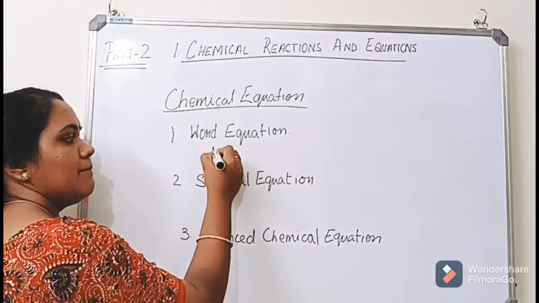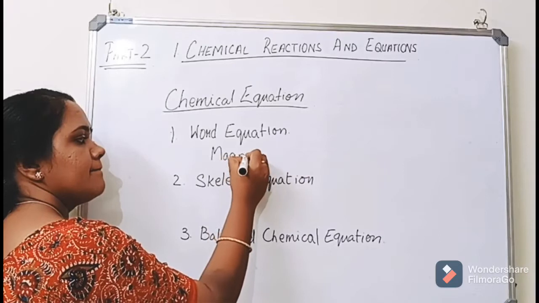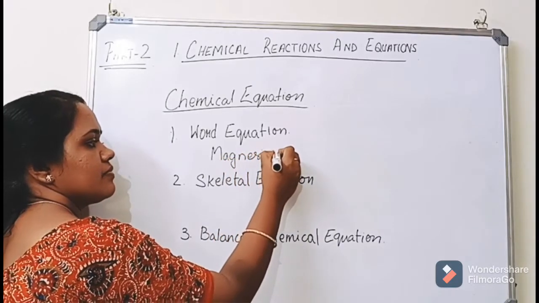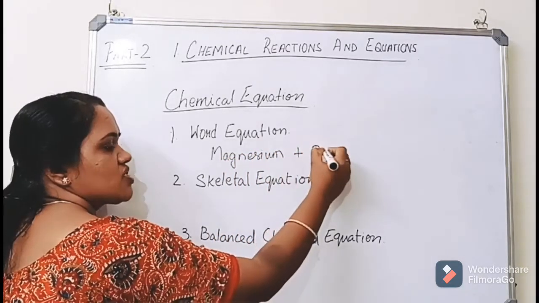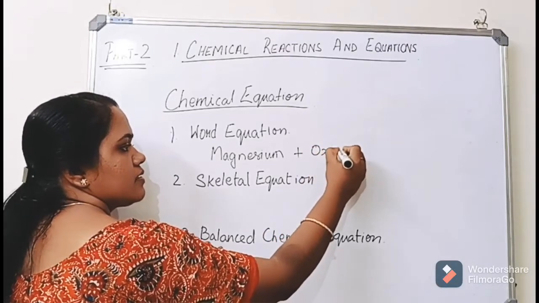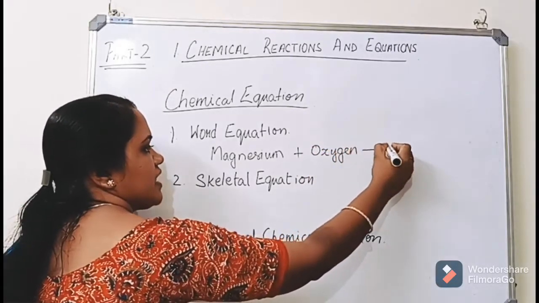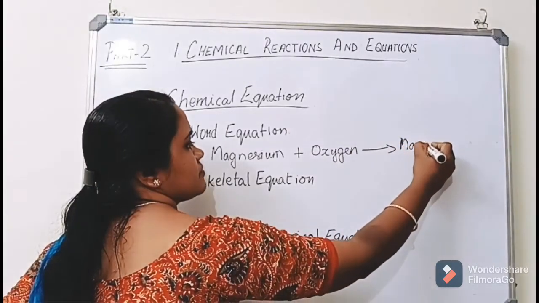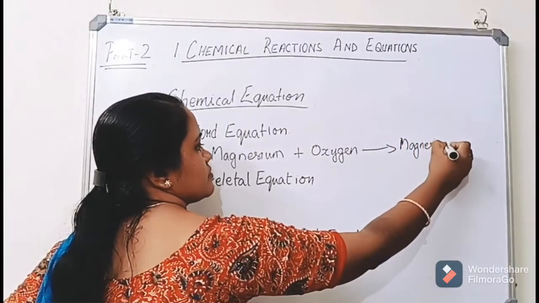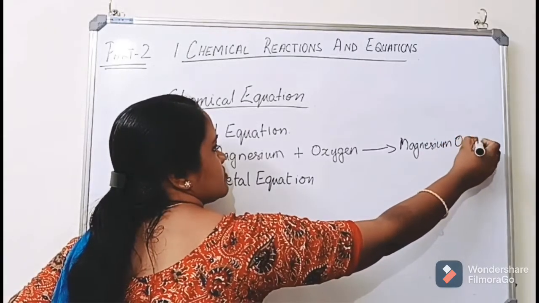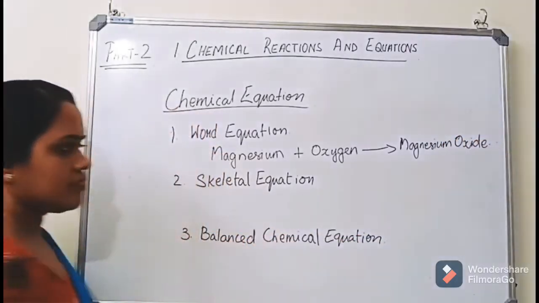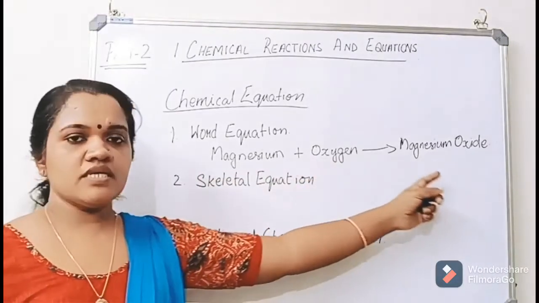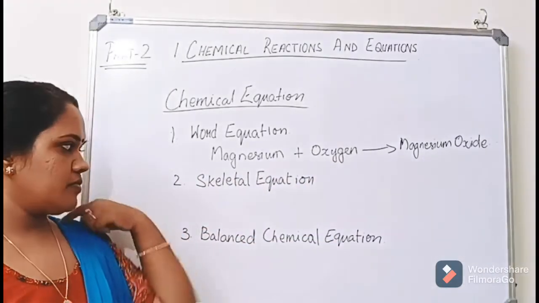For example, magnesium plus oxygen gives magnesium oxide. Magnesium plus oxygen gives magnesium oxide.